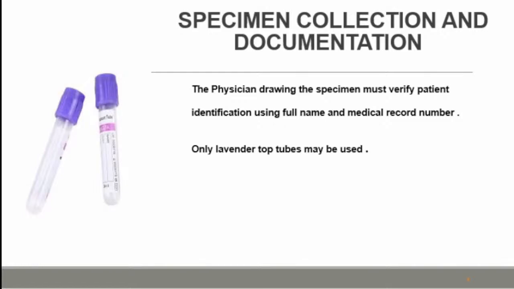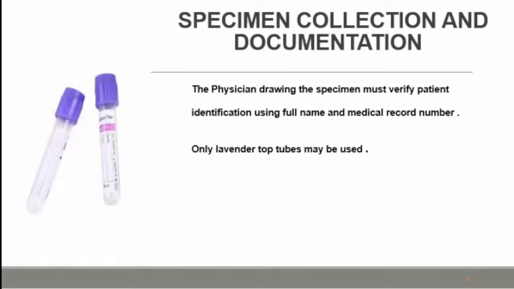We require you to use a lavender top tube, which should be filled at the black mark on that tube, and the tube should be inverted at least 4 to 8 times so that no clotting may occur in that specimen.